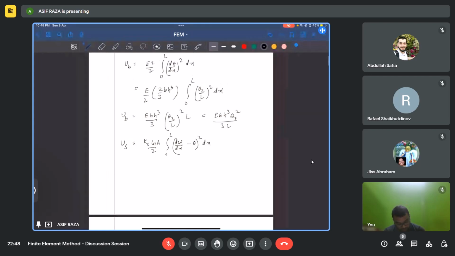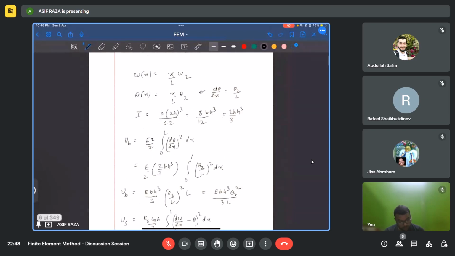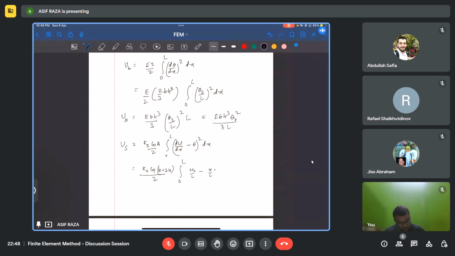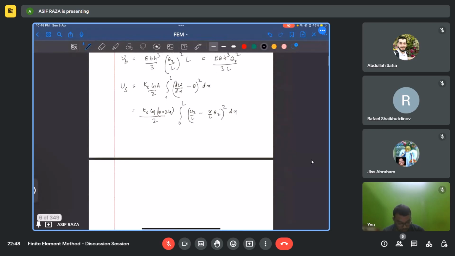So this will be equal to Ks G. A would be B times depth, which is 2h. Integral 0 to L, dW by dx is W2 by L. Theta of x is x by L theta 2 dx. Let's write it further.